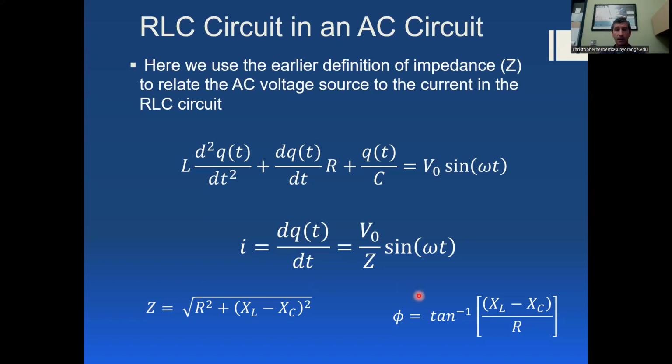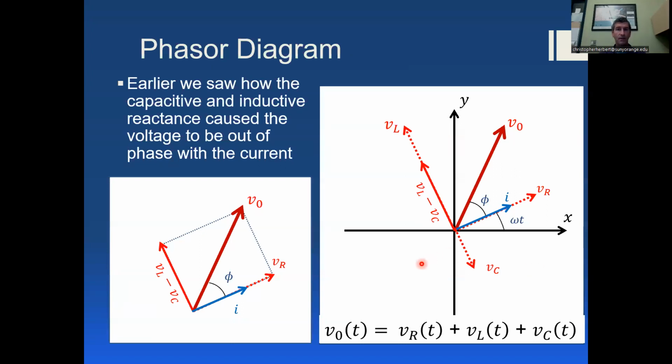And again, if we're looking at the phase angle between the voltage and the current, we get this equation right here, where again, XL minus XC, if that's equal to 0, we're basically going to have a phase angle of 0. We're in resonance. So again, here's our phasor diagram. We can say that this diagram right here can be reduced to this diagram right here.